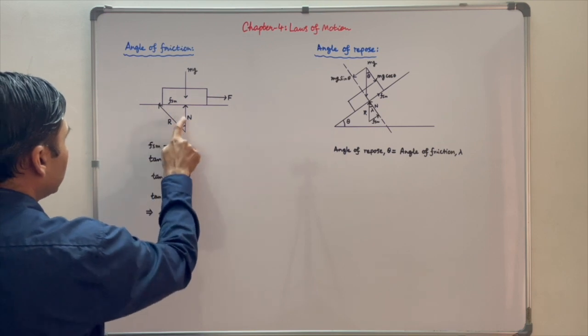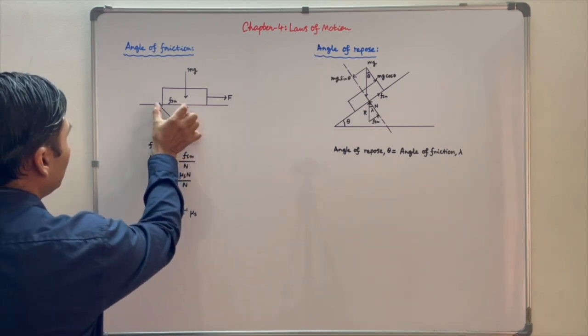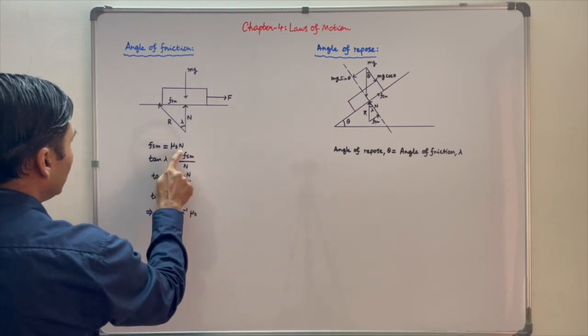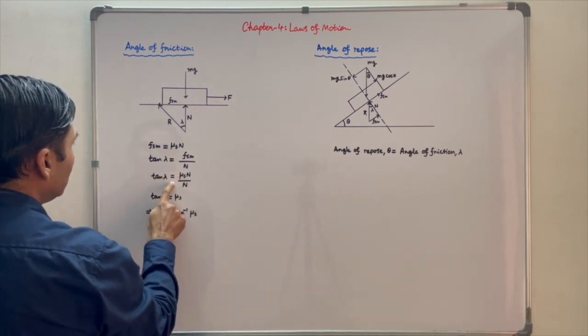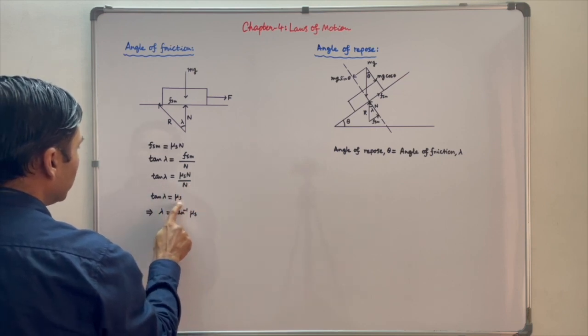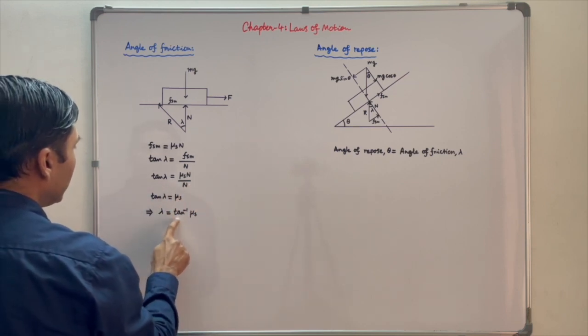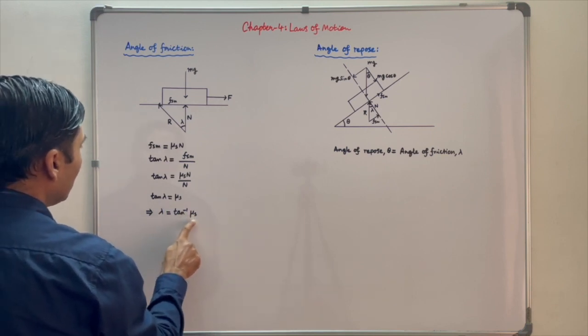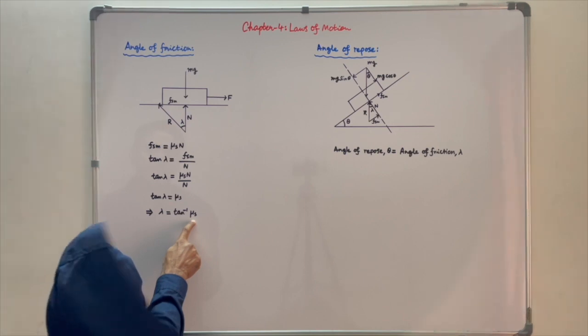In this right angle triangle, tan λ = Fsm / N. Fsm = μs × N. So tan λ = μs × N / N, or tan λ = μs, or λ = tan⁻¹ μs. So angle of friction depends only on the coefficient of static friction.